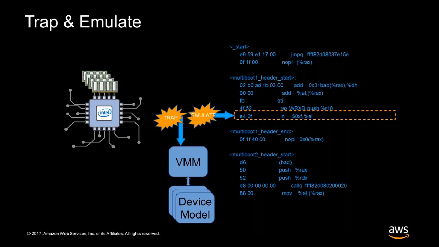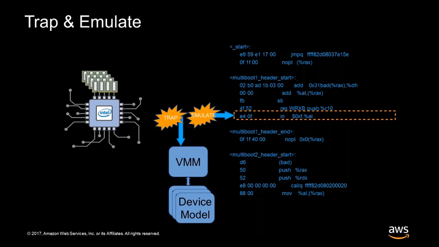This is an in instruction. And the in instruction is one of a series of instructions that's used to communicate with hardware devices. So anytime you're reading from a hard drive or you're speaking to a network device, that's happening through an instruction like the in instruction. And these instructions send messages to other components in the system.